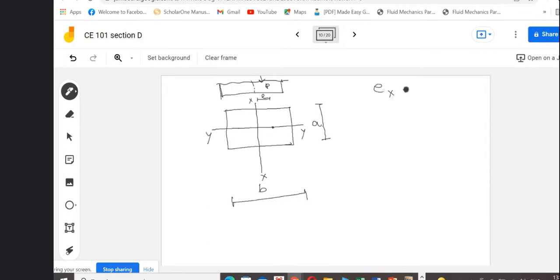This EX is nothing but Z by A. So what will be the EX, that is this point from the X axis? B by 6.